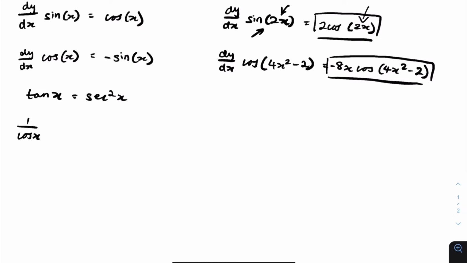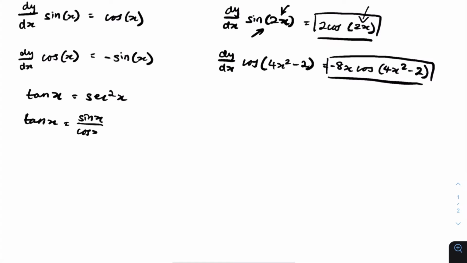So basically secant squared x is 1 over cos squared x. And it may look really odd to see this at the moment, but we can actually prove that tan x equals secant squared x. So first we should realize that tan of x, and note down this if you don't know already, is equal to sine of x over cos of x.